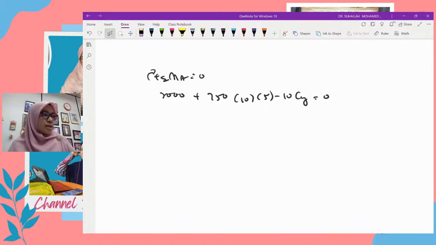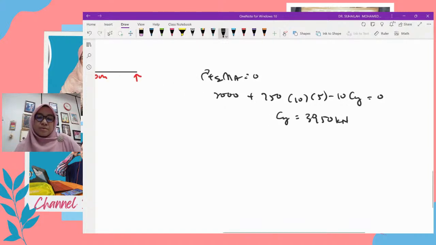So here we get 2,000 plus 750 times 10 times 5, divided by 10. CY is equal to 3950 kilo Newton.